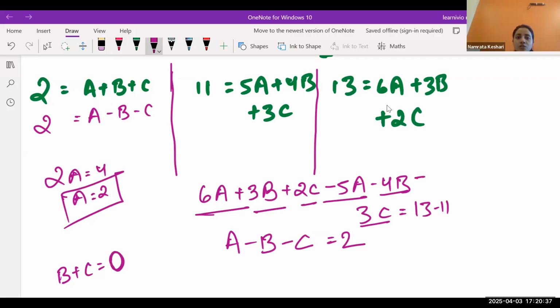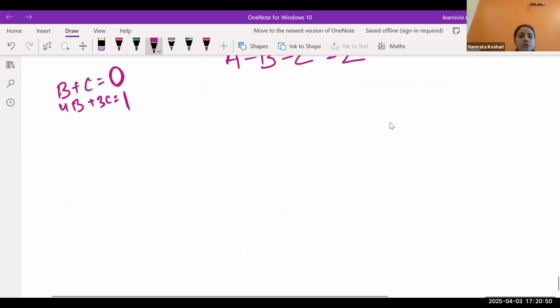And the second equation: A is 2, so 5 times 2 is 10, that side 1, so 4B plus 3C is 1. So we have these two equations. We can take 4B plus 4C equals 0, and subtracting, 4C minus 3C is just C, and 0 minus 1.